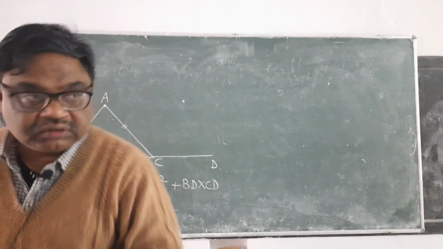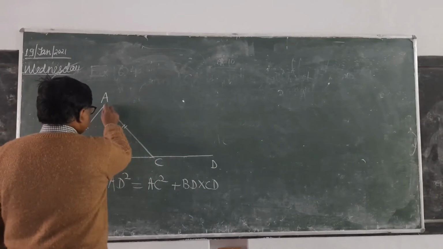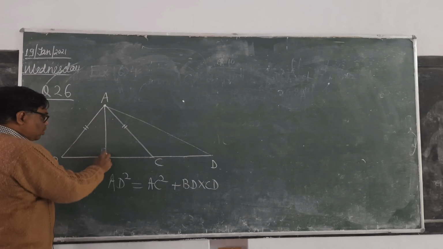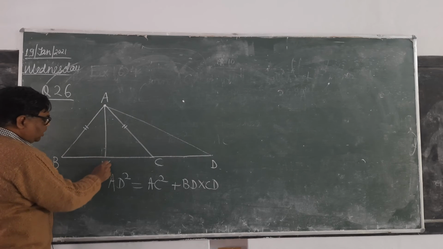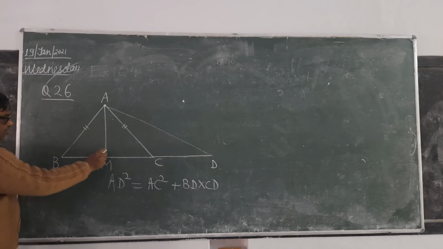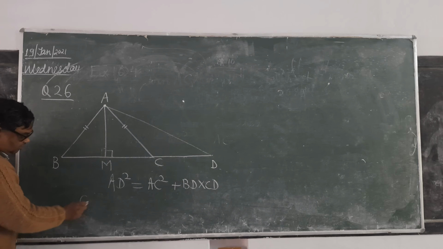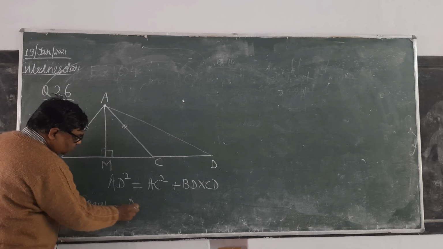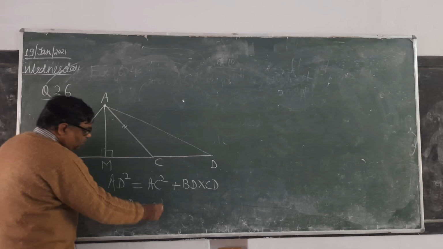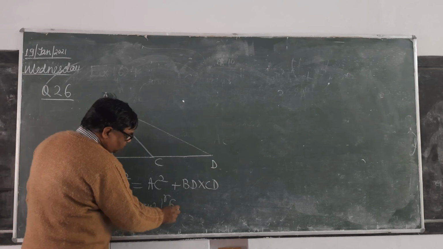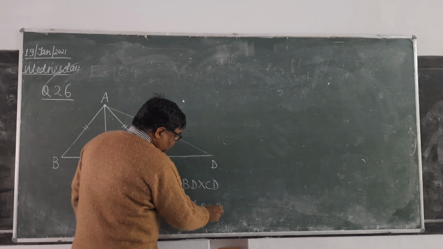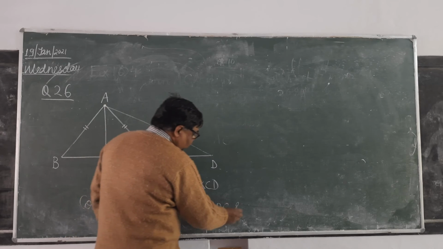First you will join AD. And second thing, draw perpendicular from A on BC, say AM. You write down. Construction, draw perpendicular from A on BC, say AM.